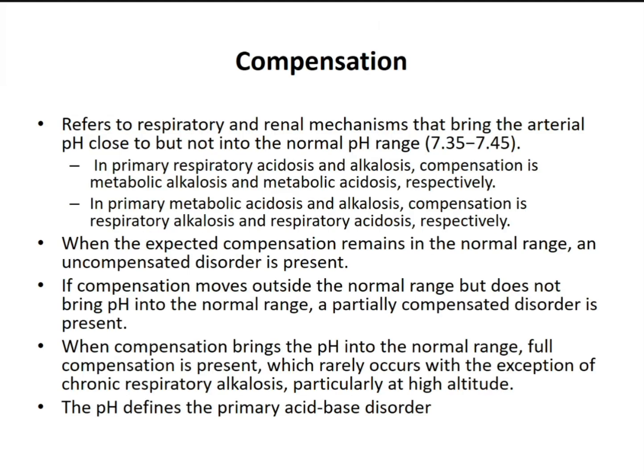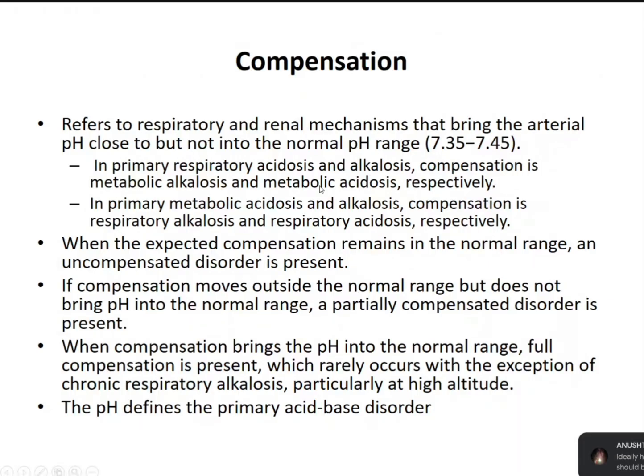Coming to the second part, which is an important aspect, it is basically acid-base disorders. When we talk of acid-base disorders, many times it is not just pure acidosis or alkalosis. Our normal pH ranges from 7.35 to 7.5.